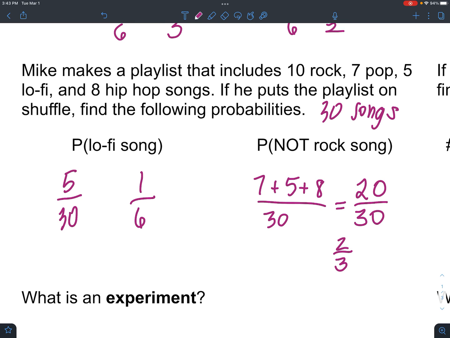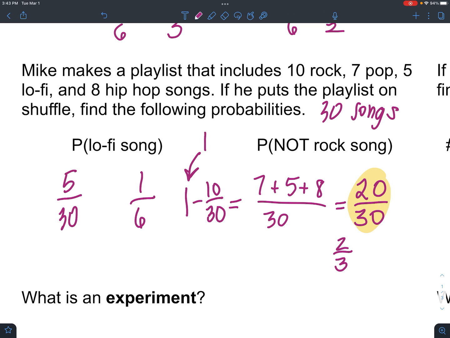What's interesting about this is this number here is also the same as 1 minus 10 out of 30. Well, I guess easier to see that's this. So the probability of a rock song is 10 out of 30. So the probability that you're not a rock song is you subtracted away from 1.